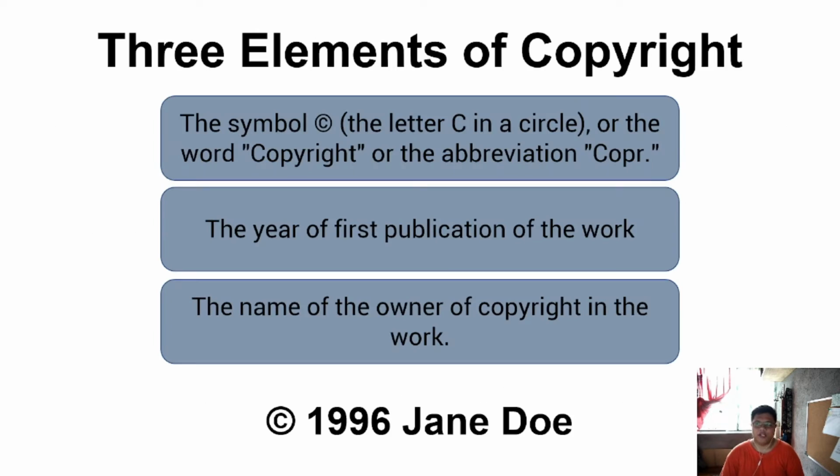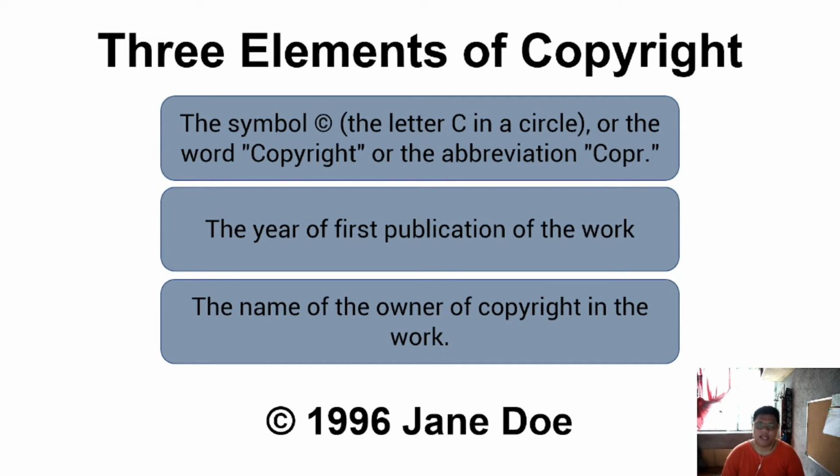Fair use, I'm sorry. Now we have three elements of a copyright. The symbol C, the letter C in a circle, or the word copyright, or the abbreviation COPR. The year of first publication of the work, and then the name of the owner of copyright in the work. As for example, if we are going to see this copyright in any artwork, this means that the copyright belongs to Jane Doe from 1996.